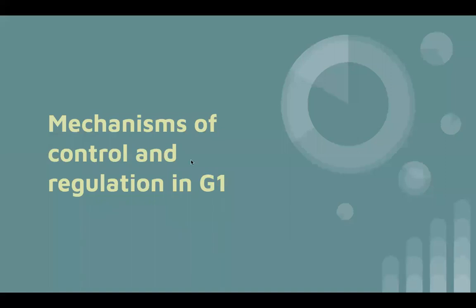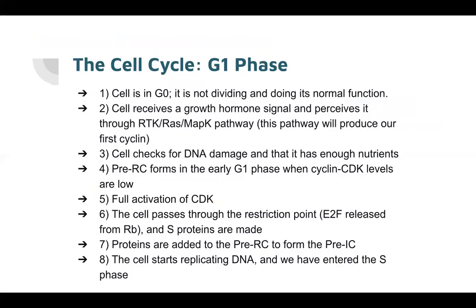All right, so now we have some mechanisms of control and regulation in G1. I gave you this list on Tuesday. Very important, because I'll tell you right now, where Laura is going to test you really hard is if you know when things are occurring. Obviously, some stuff in this is overlapping, right? The cell's constantly checking for DNA damage. I just happen to put it in the number 3 position.